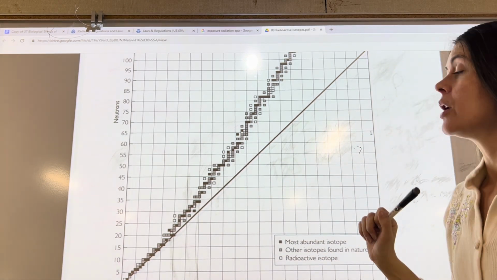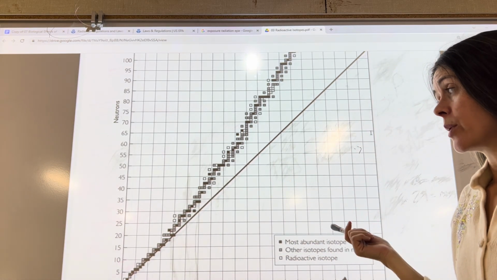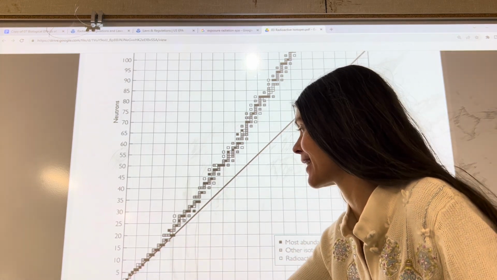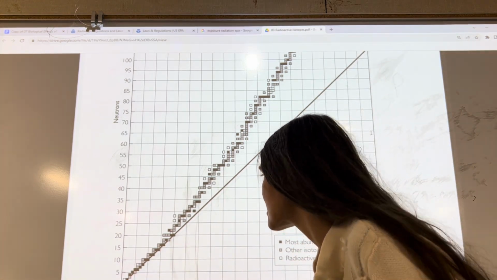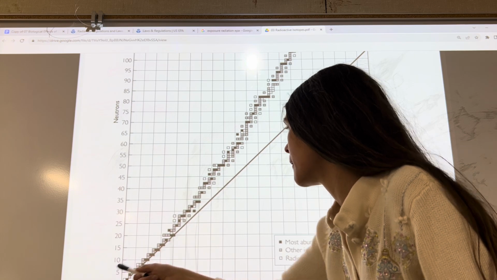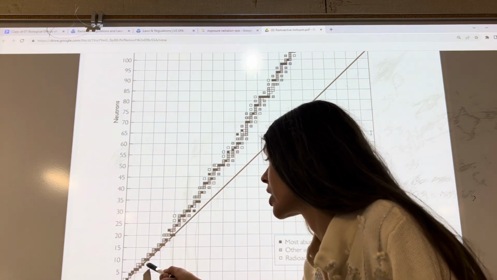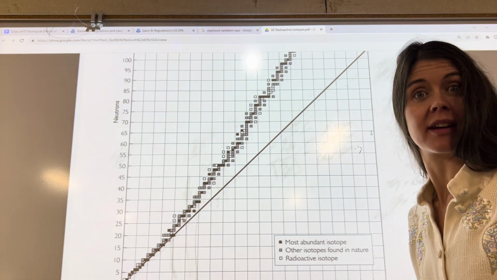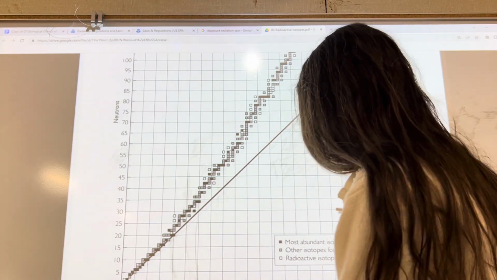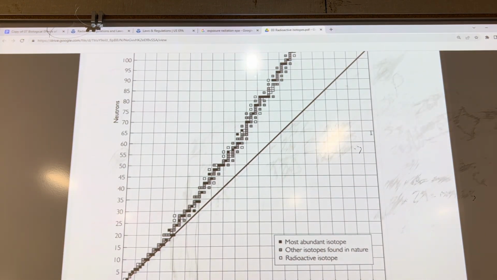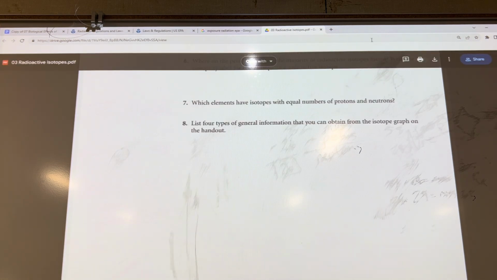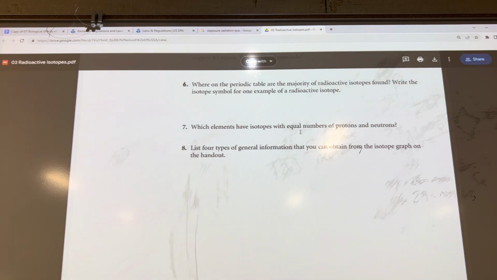So pick an element that has a 1-to-1 ratio, find anybody that's on this black line. I see 20 protons, 20 neutrons, somebody's there. I see 10 protons and 10 neutrons, someone's there. Write it down. Pick a few of those for equal numbers, please.